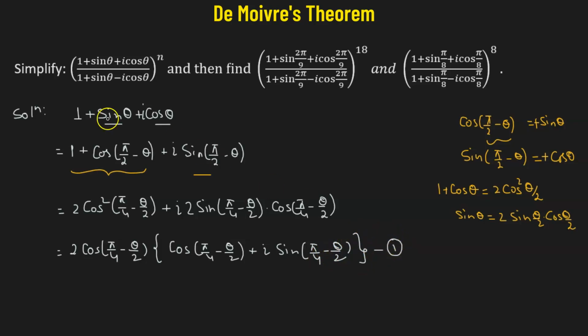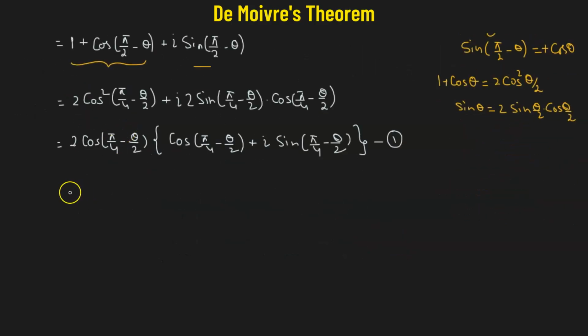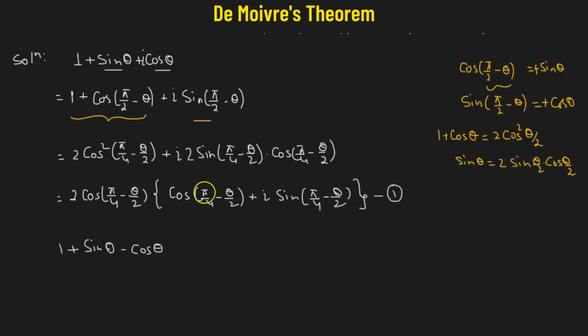Now we can work with the denominator as well. In the denominator we have 1 plus sine theta minus cosine theta. Here also, this is minus iota times cosine theta.